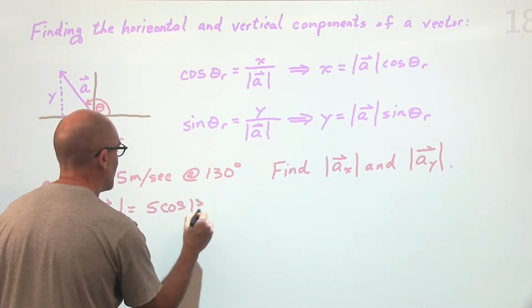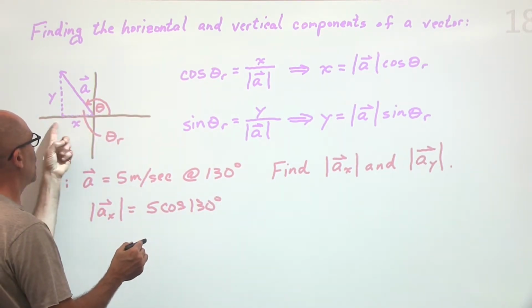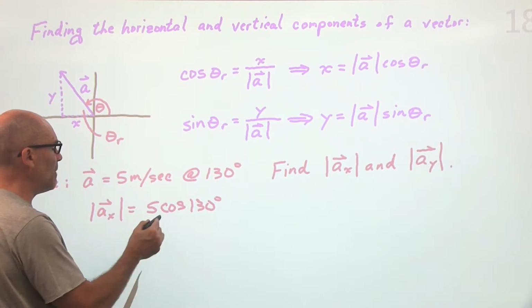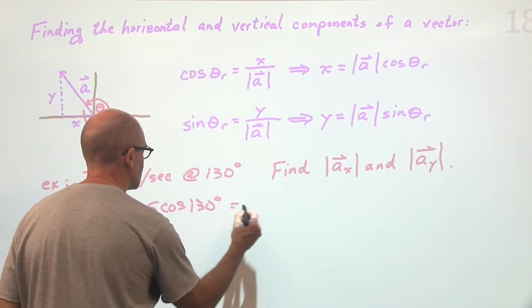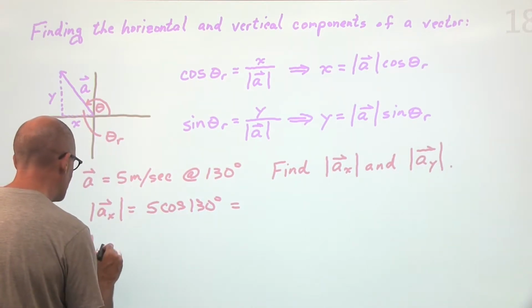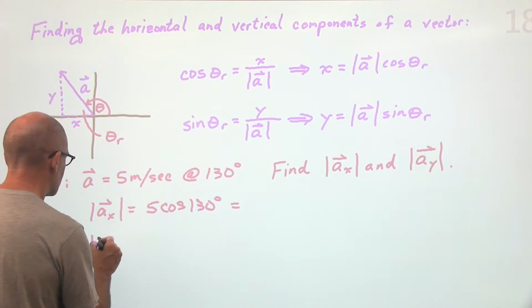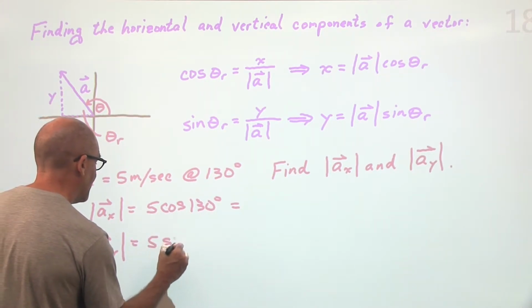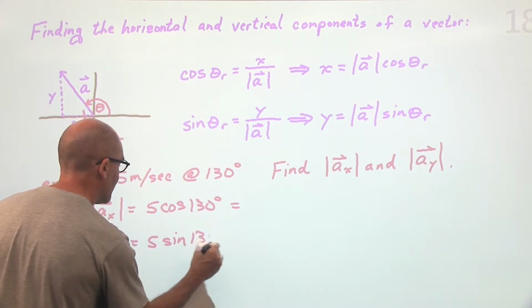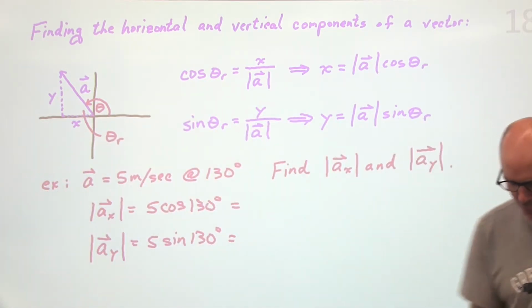Now we're just going to use 130, because notice when we go cosine of 130, that's going to show that the magnitude in the x direction is negative. And the magnitude of the vector in the y direction is 5 sine of 130. So we just crank that out in our calculator.